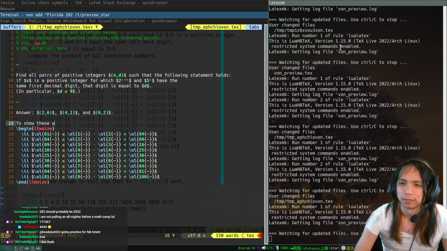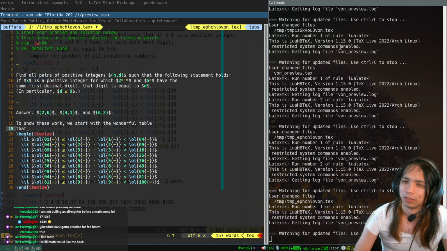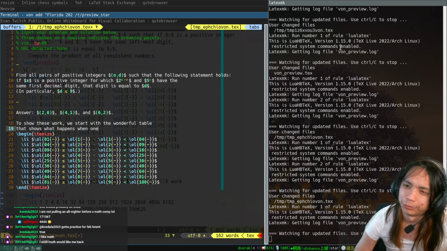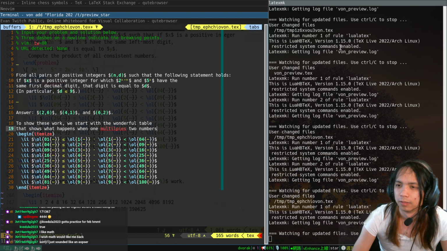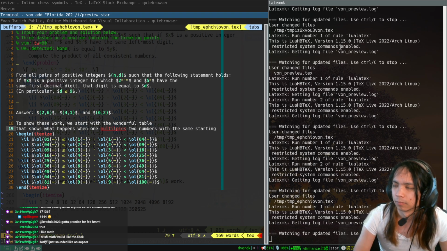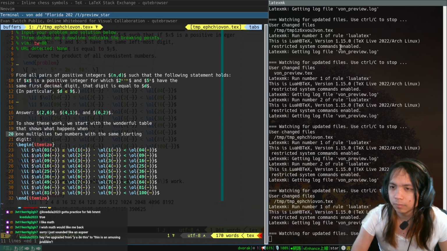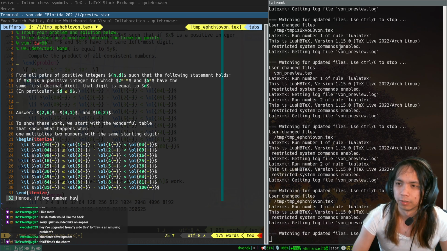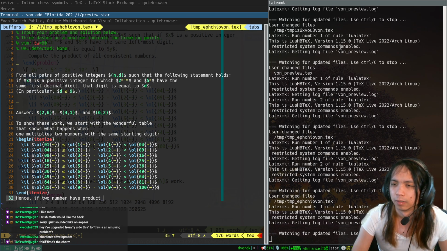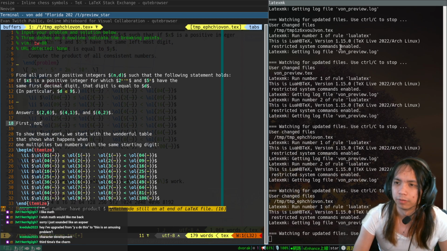To show these work, we start with the following wonderful observation: when one multiplies two numbers with this. Hence, if two numbers have product, first note that 2 to the x plus n times 5 to the x.